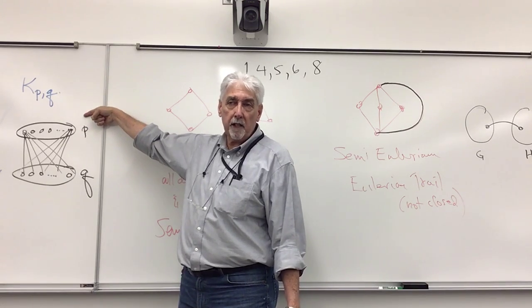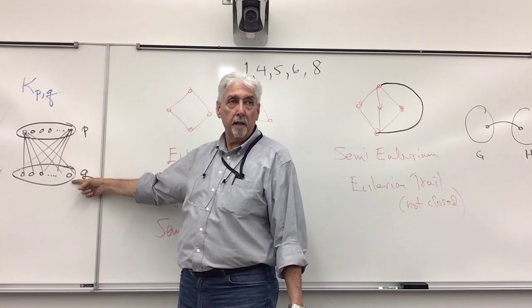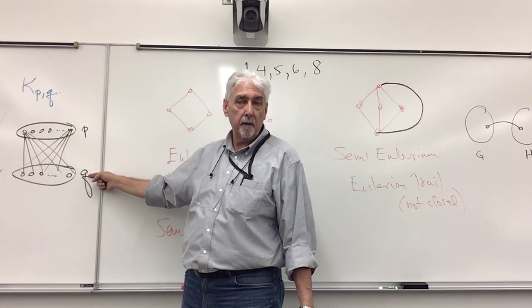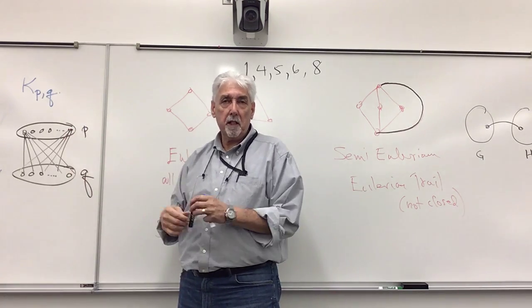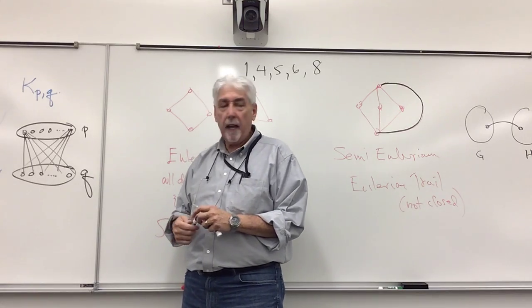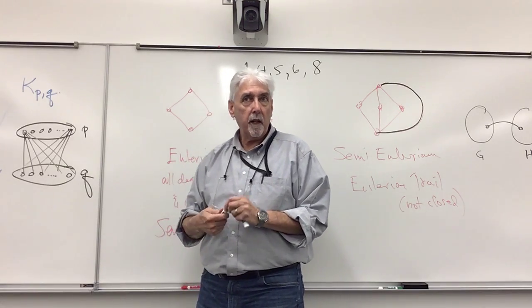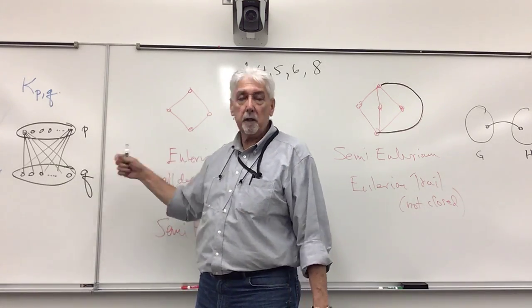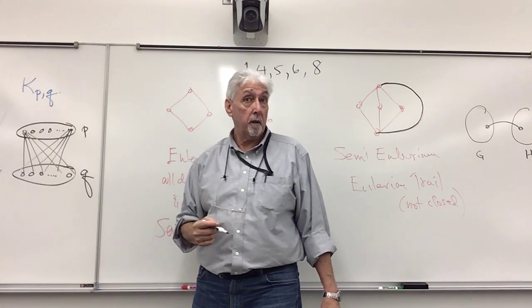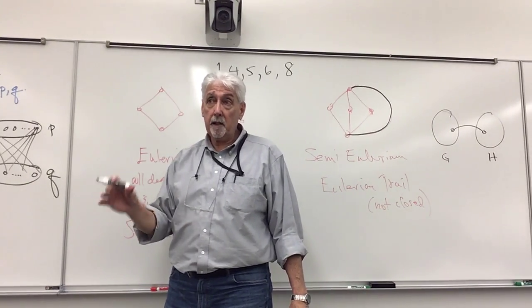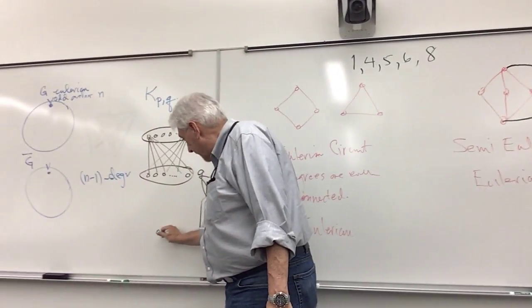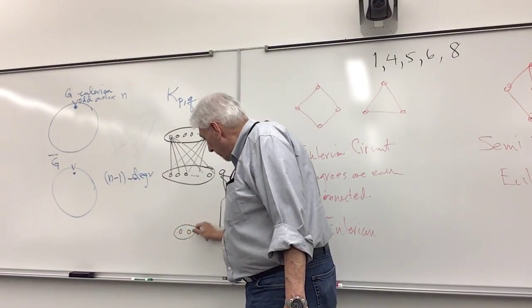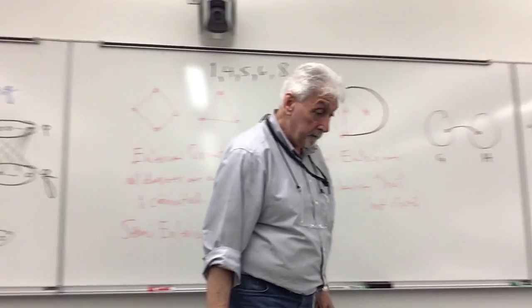And they all have the same degree. How many vertices are here? And they all have the same degree. So if I have a chance of having a semi-Eulerian graph, what can you tell me the size of one of these must be? 2. Is that clear? Because I can only have 2 odd vertices. So one of the sets, let's say Q, has 2 vertices in it.